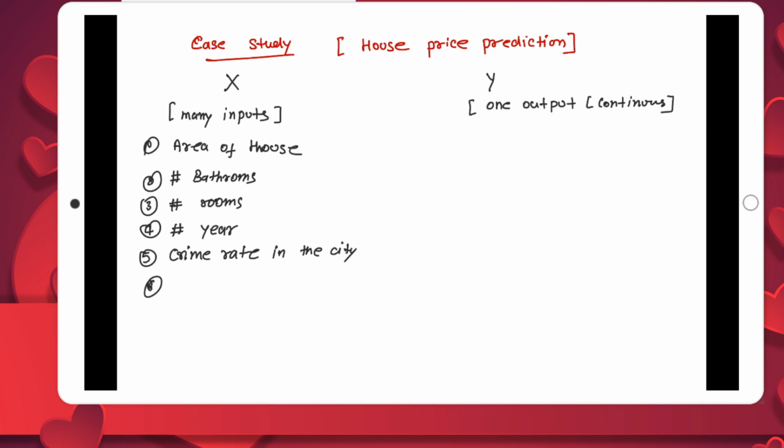One type of regression is simple regression, and then the multiple regression.